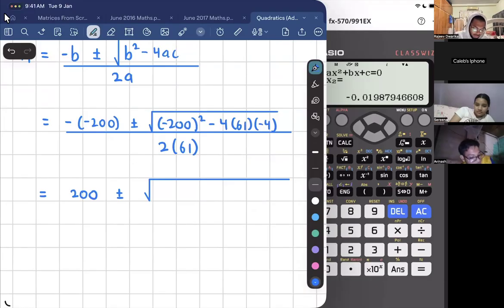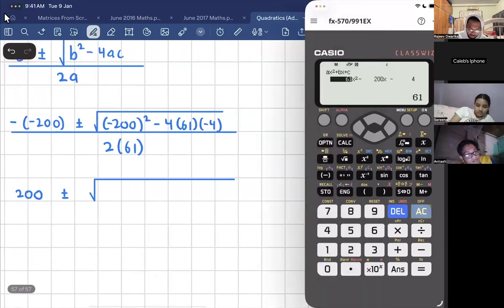Right? Let's work this quickly. So we have 200. Guys, does it matter if I put 200 squared or minus 200 squared? No, it doesn't matter, right? Because minus 200 by minus 200 is a negative times a negative, which is a plus. So I can write 200 squared for the sake of simplicity.